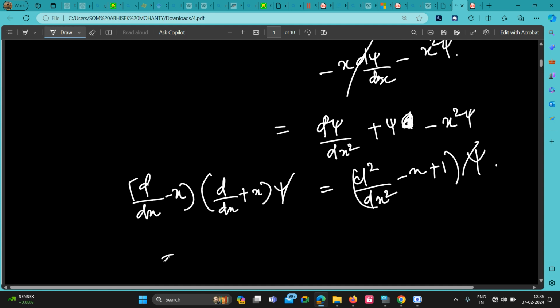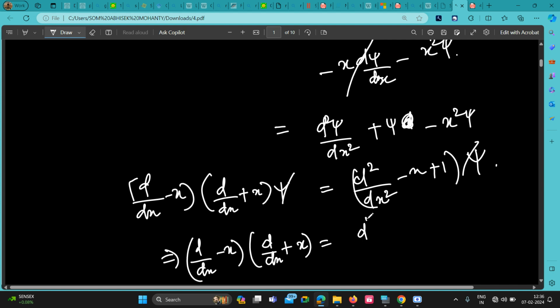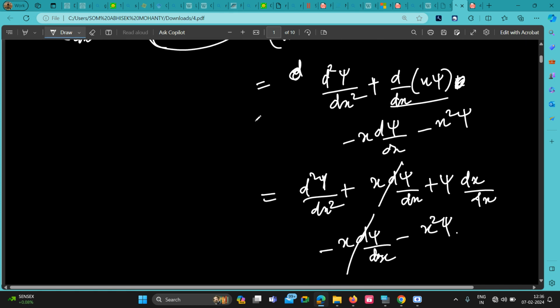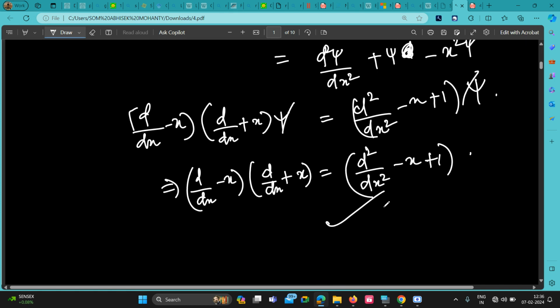This gives (d/dx minus x)(d/dx plus x) equals d²/dx² minus x² plus 1. So option B will be the answer.